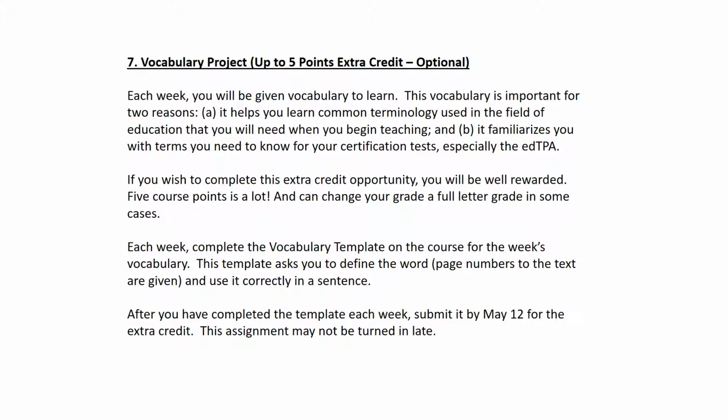If you submit the vocabulary template by May 12th, I'll go through it and award up to 5 points of extra credit. Again, this assignment is optional, but a really good opportunity for extra credit.